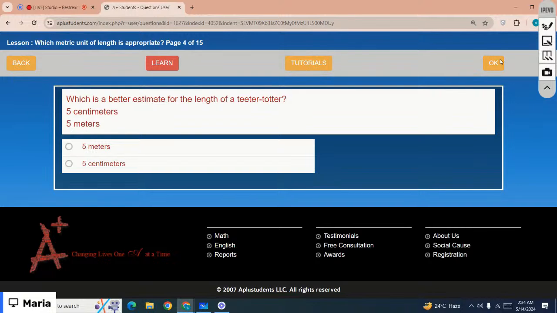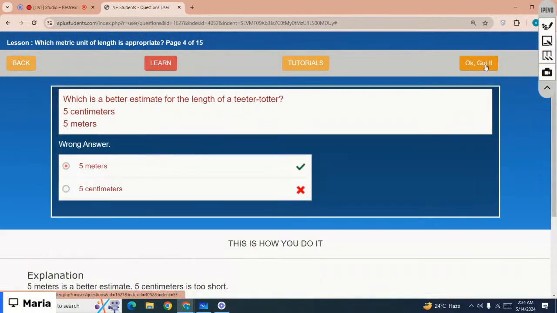The correct option is 5 centimeters. I don't know what a teeter totter is. That is 5 meters. Okay, sorry, not 5 centimeters.